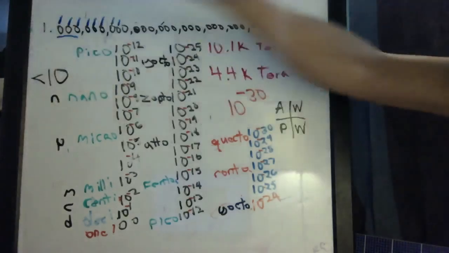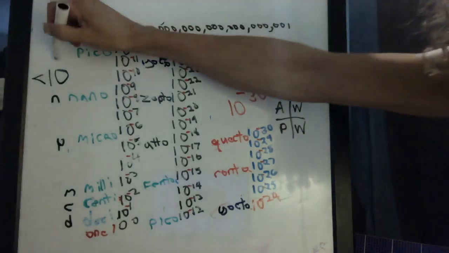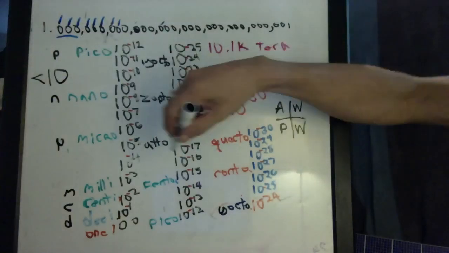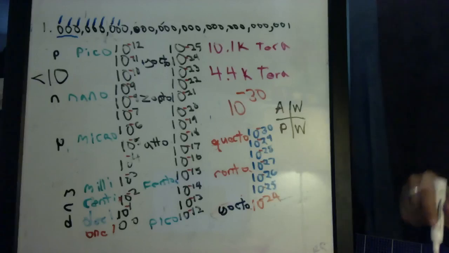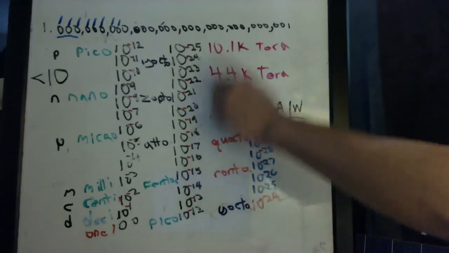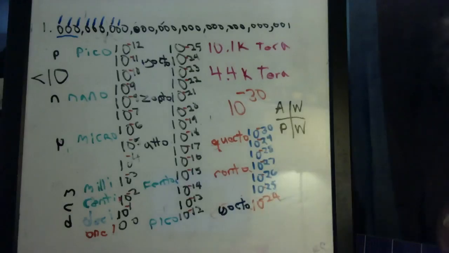N. Let's see here. Nano. And then what? Pico. P. Lowercase. And then all the rest of these lowercase. Lowercase f, lowercase a, lowercase z, right? The first letter. So all of these just lowercase. And then the other side, when we're above 10, it's uppercase. Okay.